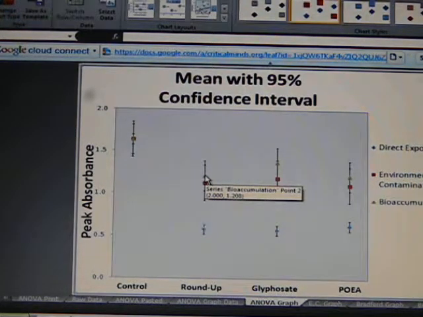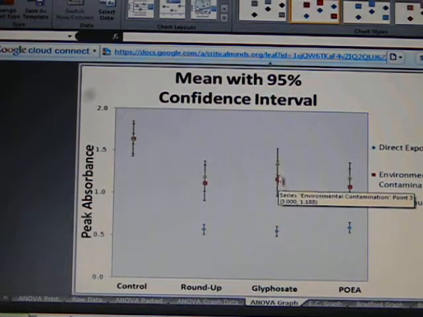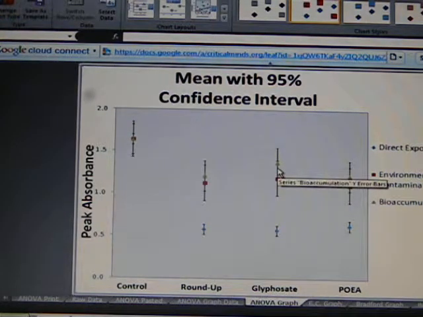Did I say that right? I don't think so. There's a gap here, and that gap is the important part. It says there's a big difference between them, and that's where your significant differences are going to lie. With glyphosate, it looks like there's almost a significant difference between your environmental contamination and your bioaccumulation dot.